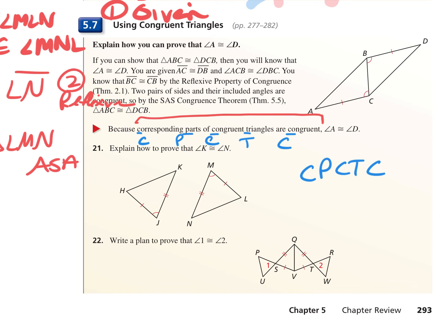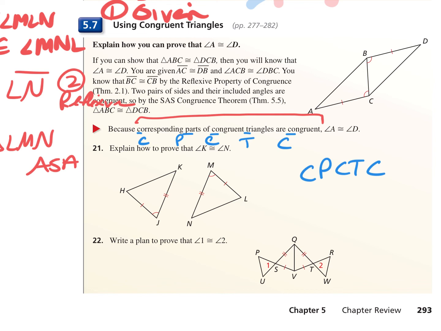Corresponding parts of congruent triangles are congruent. So what you have to do when you want to use this, you have to first show that the triangles are congruent using one of the shortcuts. Then you can go back and use CPCTC to add in any congruent segments or angles.